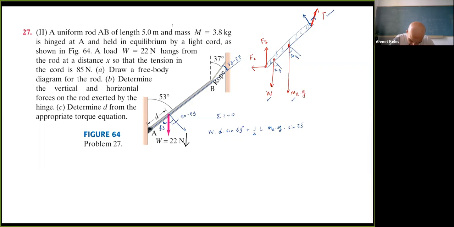Okay, these are angles. Should be equal to L times T times sine of 53 minus 37, right?